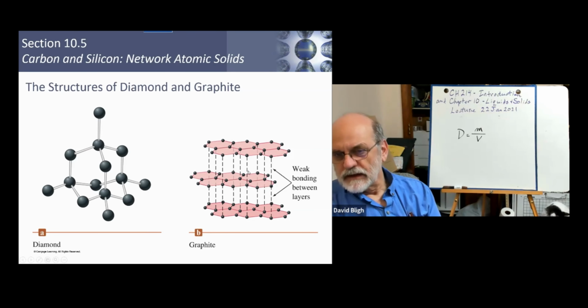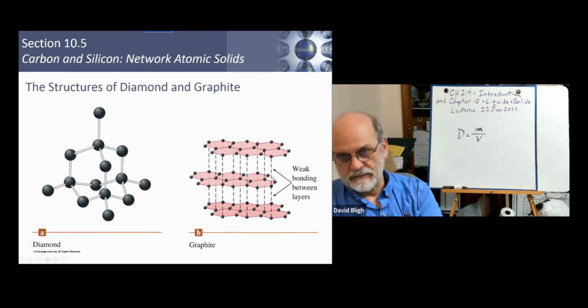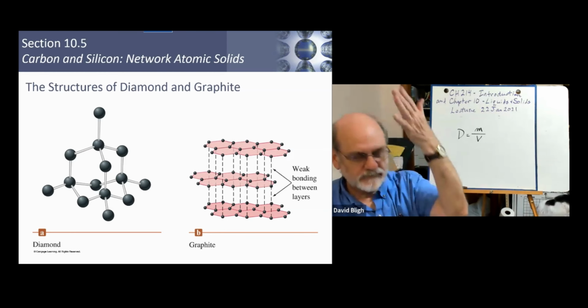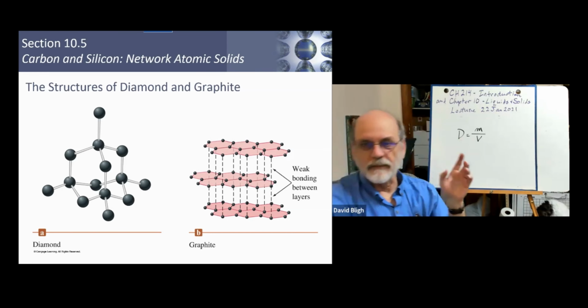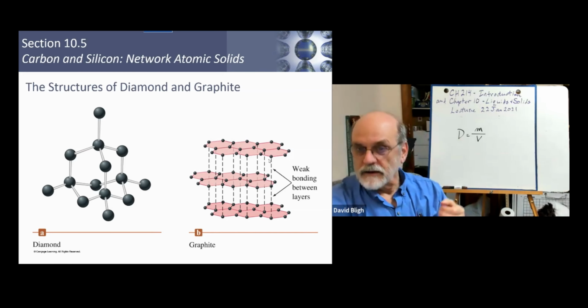With graphite, you have covalent bonds in layers, right here. And the intermolecular bonding between the layers is very weak, right? So it has to be London dispersion forces, because all of these carbon atoms are the same.